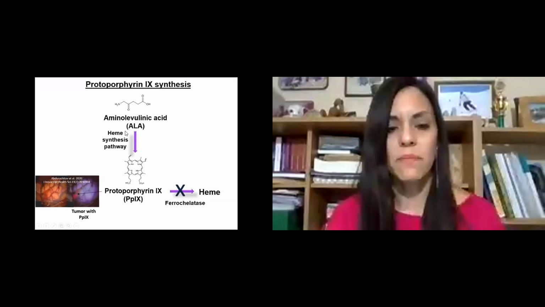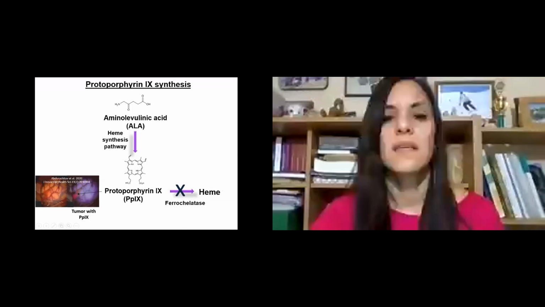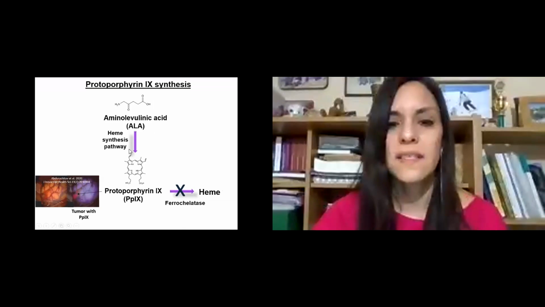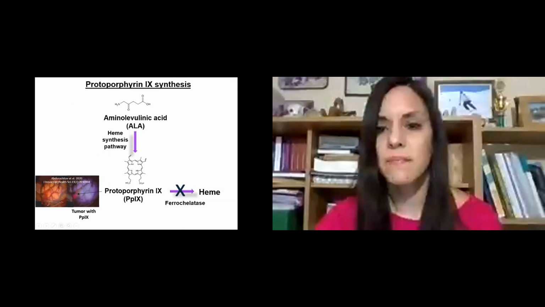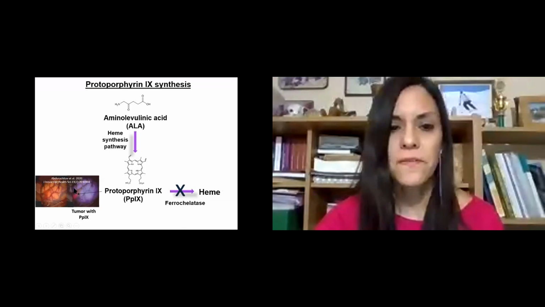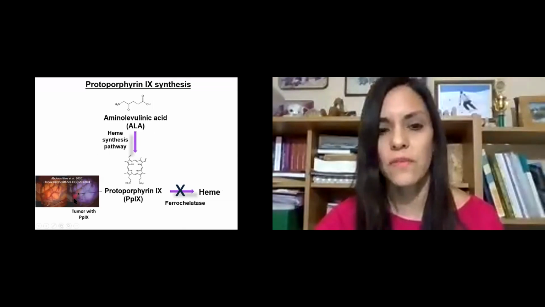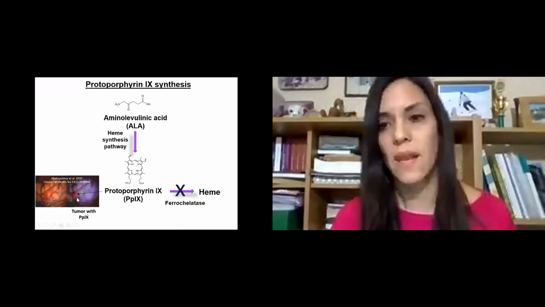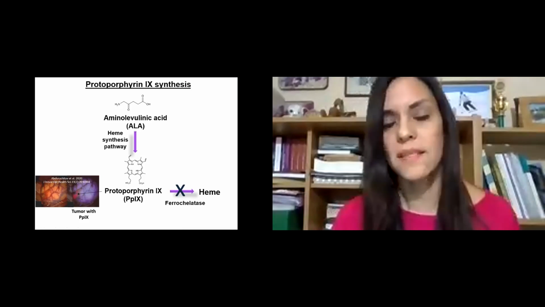ALA is converted in the cells into the photosensitizer called protoporphyrin 9 through the heme synthesis pathway. Cancer cells have enzymatic failures that favor the accumulation of intermediate metabolites, mainly protoporphyrin 9.